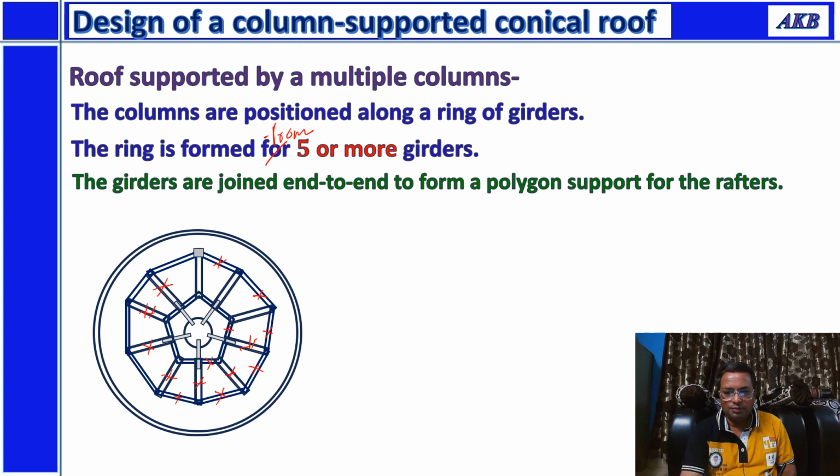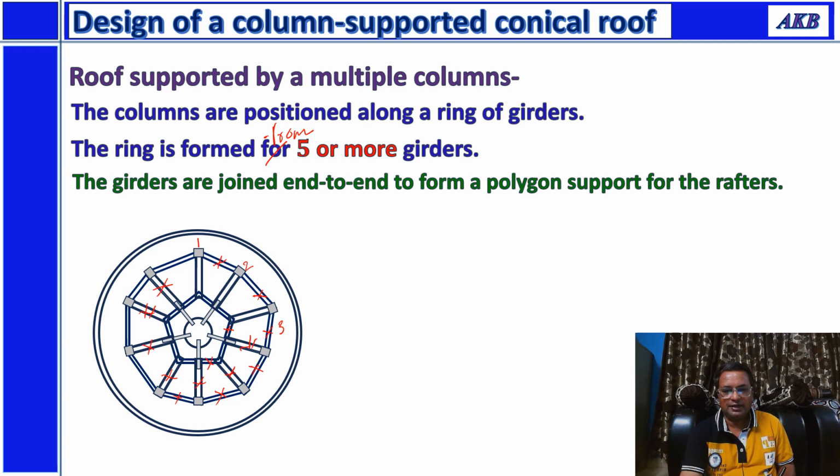Then columns will be joined at these points. So for example, this is one column, this is second column, third column, and so forth. So these are columns that are attached at the joints where rafters are joined to the girders.